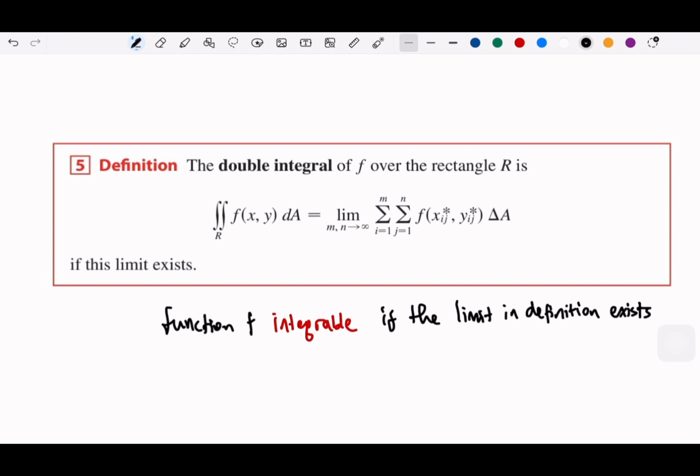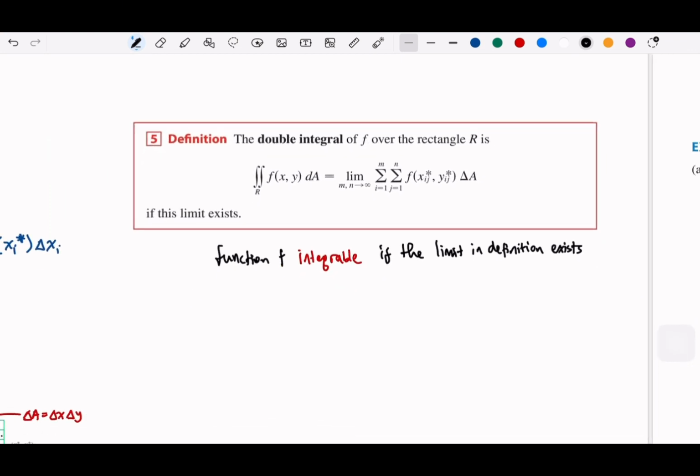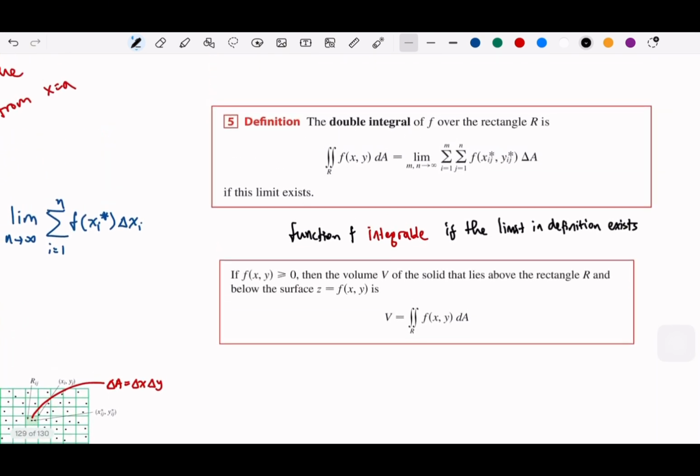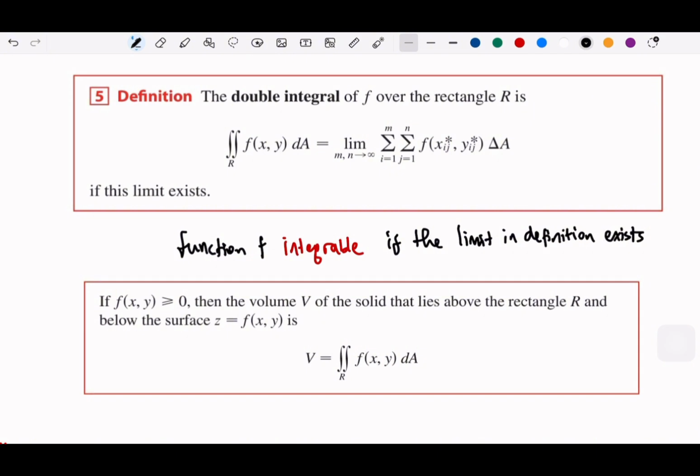Now, because we start taking up the volume, we can also write some notes that basically the double integral is the volume that lies above the rectangle R and below the surface z.